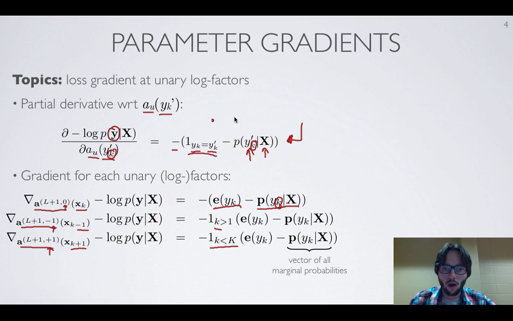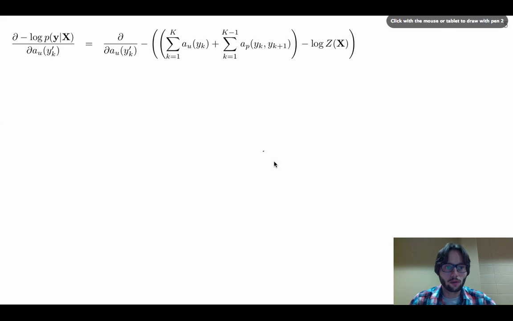So let's try to see why this is true. All right, so we're looking at the partial derivative of the negative log probability of some vector labels y given some input x with respect to the unary log factor, and its value for some given label y'_k.